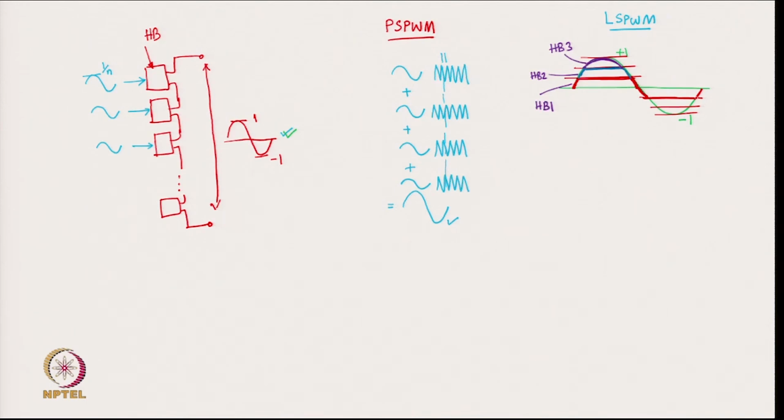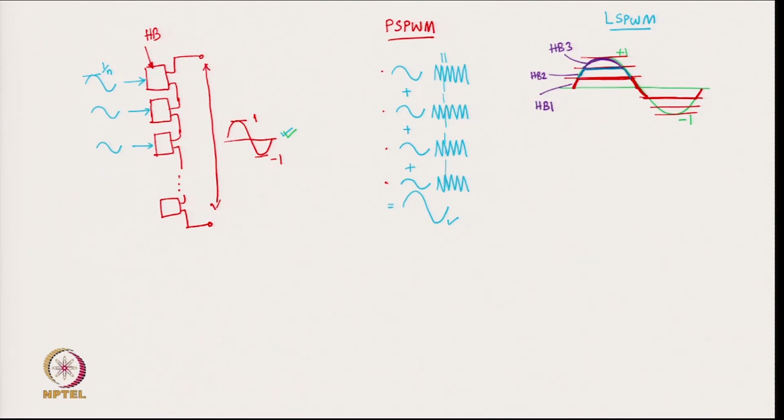So, in phase shift PWM, the waveform produced by all the cells are identical. Okay. You can see here, all the H bridges are producing an identical output waveform, which are just getting summed up and producing the output high voltage sine wave.